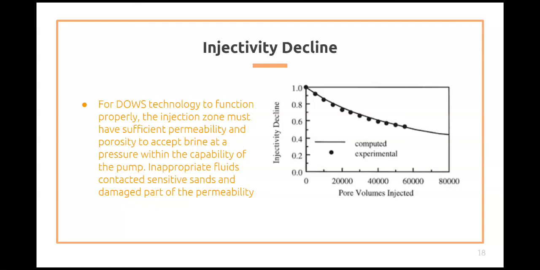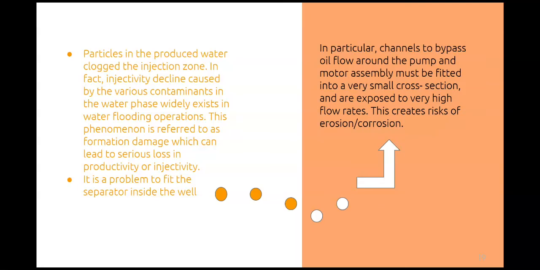Inappropriate fluid contacting sensitive zones can damage part of the permeability. As the graph beside shows, the injectivity decline will increase if the pore volume injected is decreased. Particles in the produced water clog the injection zone.